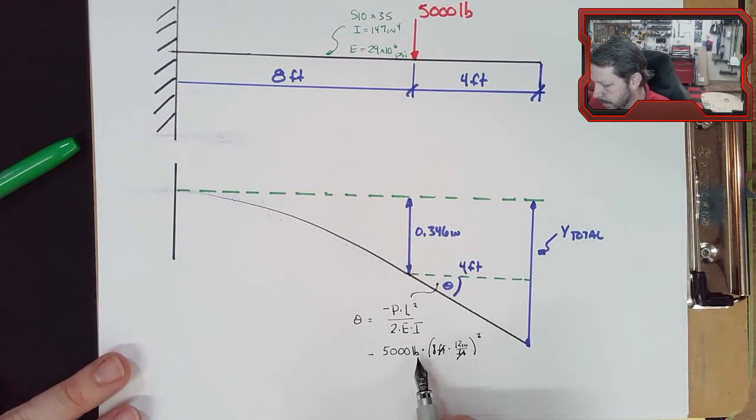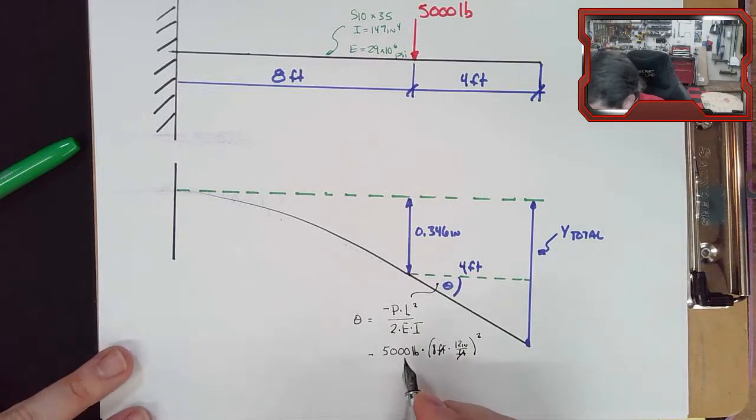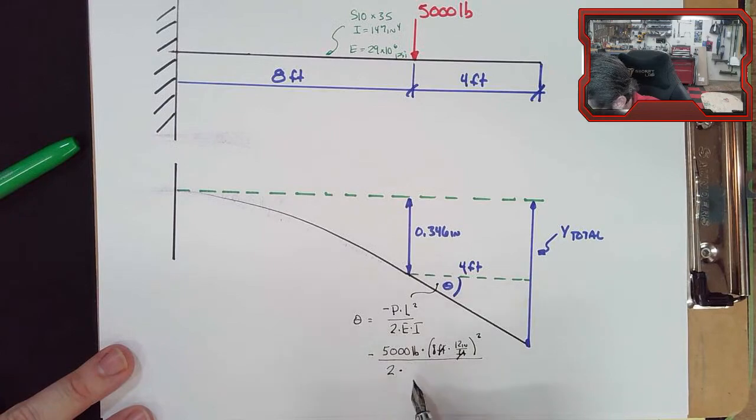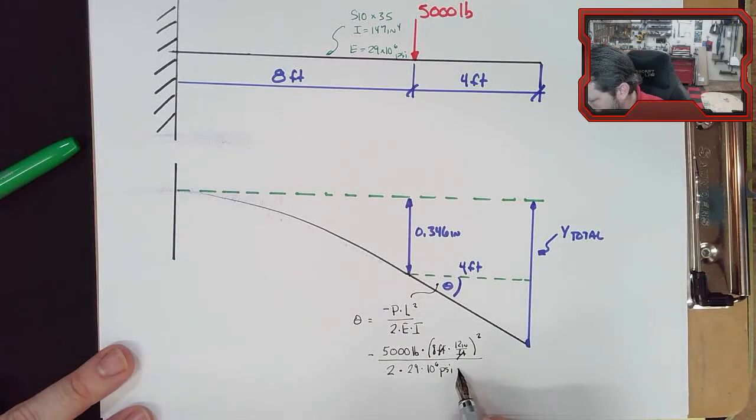This is going to make units of pounds inches squared up here. E is 29 million PSI. I is 147 inches to the fourth.